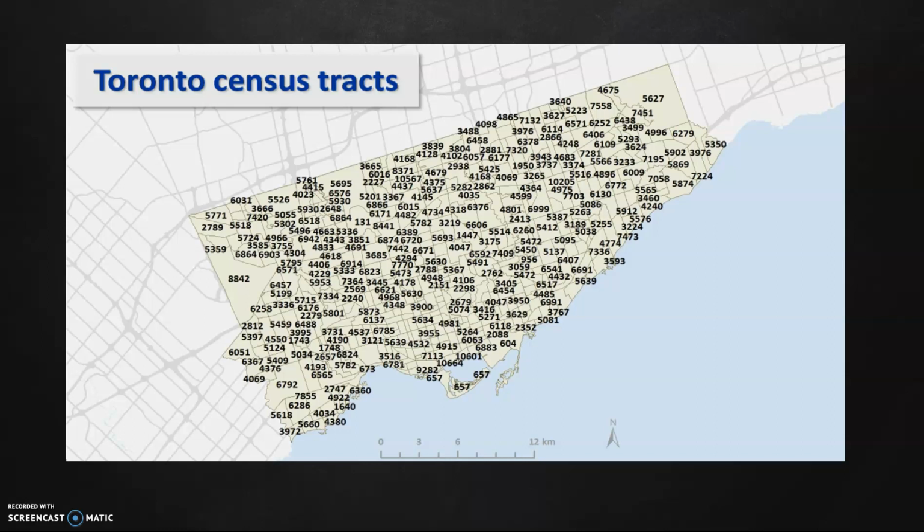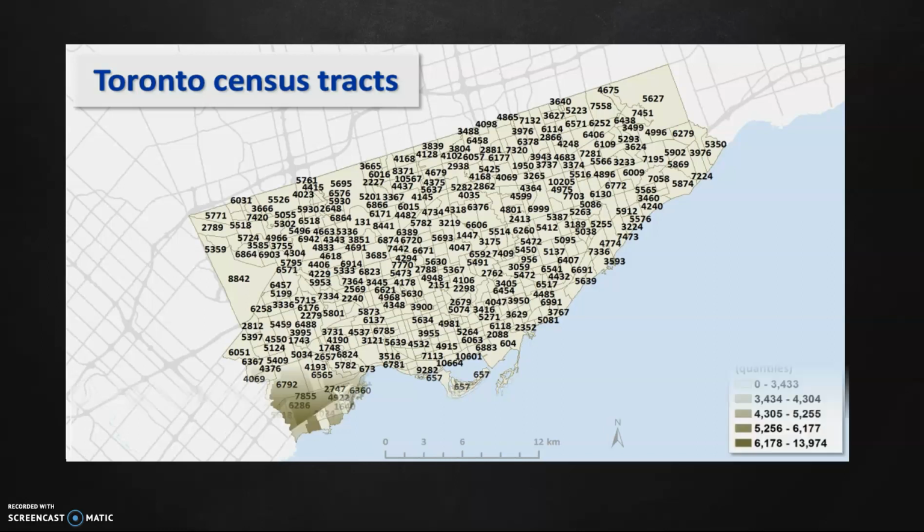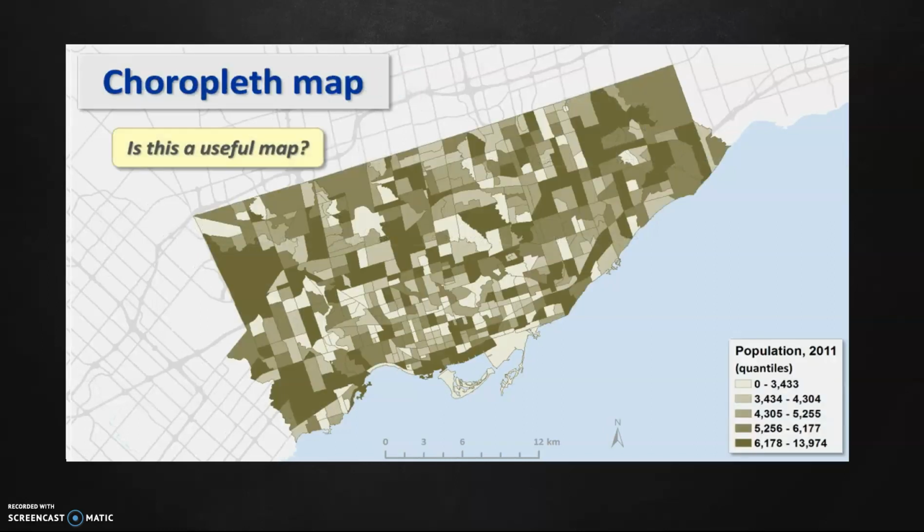We can look at here and we can see the numbers, which represent the population for each census tract. If you were to just look at this, it's quite confusing. You couldn't really say which census tract has the most and fewest people. But here we can use a choropleth map, and we can quickly see areas that have the highest population.